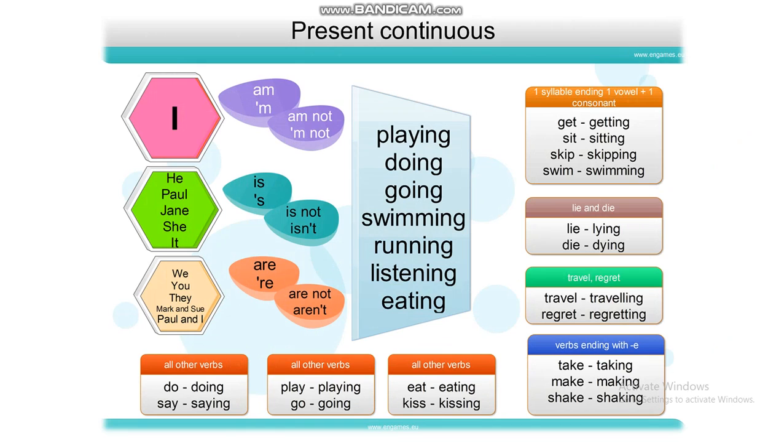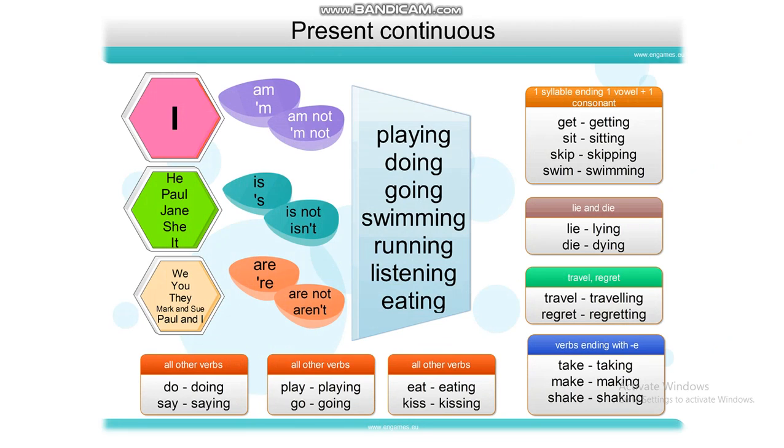So here is a photo to sum up what we said. As we said, I am in the affirmative form, I am not in the negative. He, she, it: is or isn't, and maybe it can come as Paul or Jane with names. So Paul is he and Jane is she.